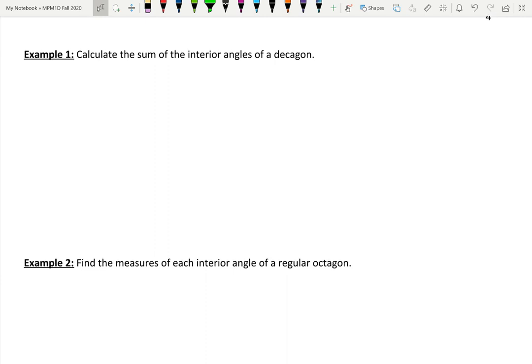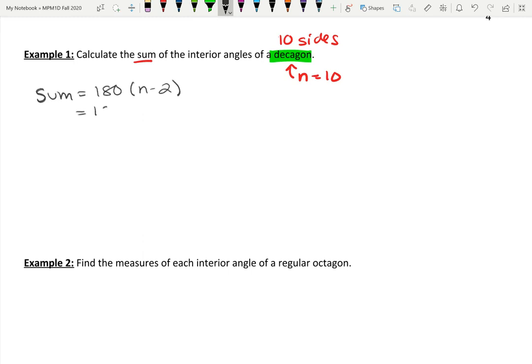Example 1, calculate the sum of the interior angles of a decagon. So decagon, deca, means 10 sides. Okay, so we're trying to calculate the sum. So that means that our n is equal to 10. So I'm going to start off by writing my formula. And then wherever I see n, I'm going to substitute 10.